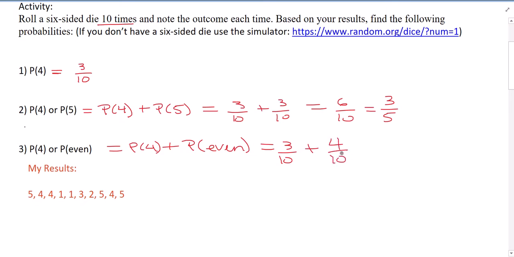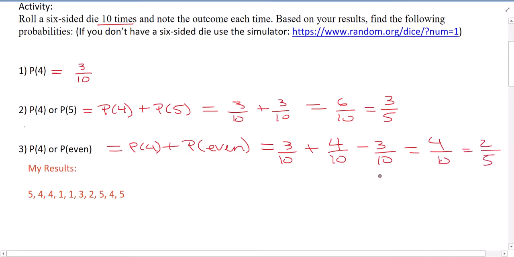But I am now double counting the 4s. So I need to subtract the times that I got a 4 that is an even, because 4 is an even number. So this is just going to be 4 out of 10, which is 2/5. This is essentially the probability of getting a 4 and being even.